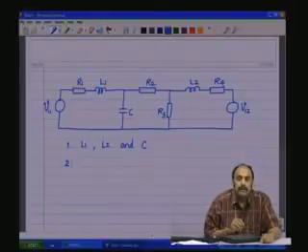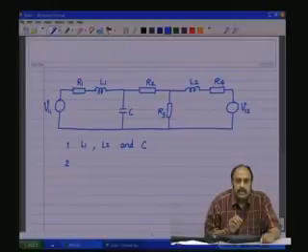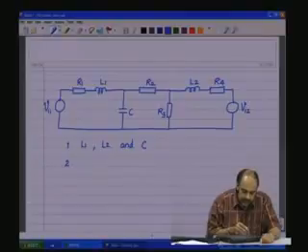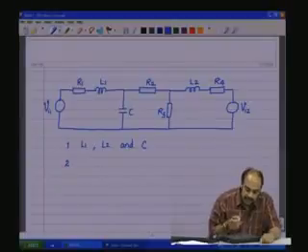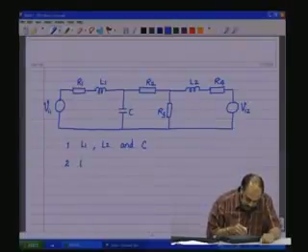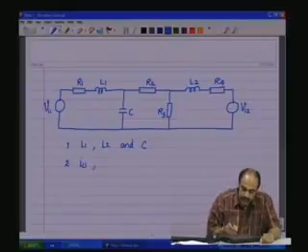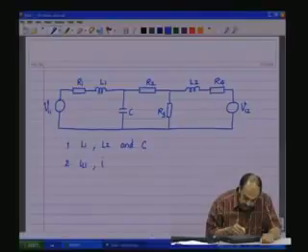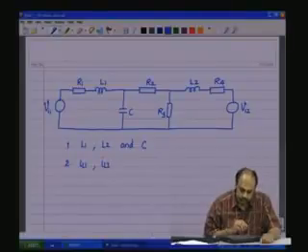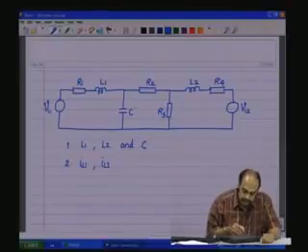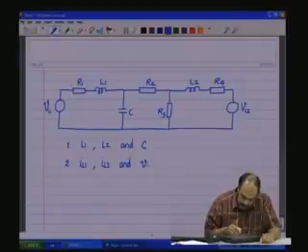Then identify the state variables associated with these. Coming to L1, it is the current through L1, let us name it IL1, and then the current through L2, let us name it IL2, and then the voltage across C, we will name it VC.